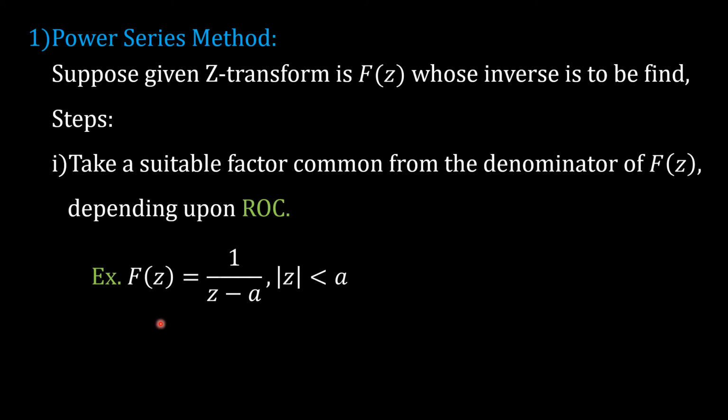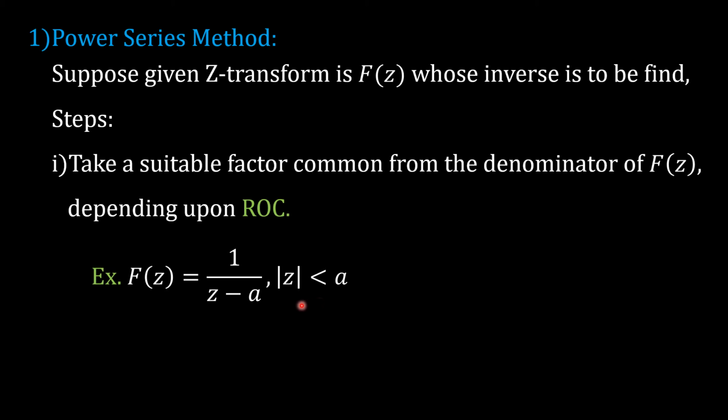First example: suppose F of z is equal to 1 upon z minus a and the region of convergence is mod z strictly less than a. In this first step, we are always supposed to express the region of convergence in strictly less than 1 form.